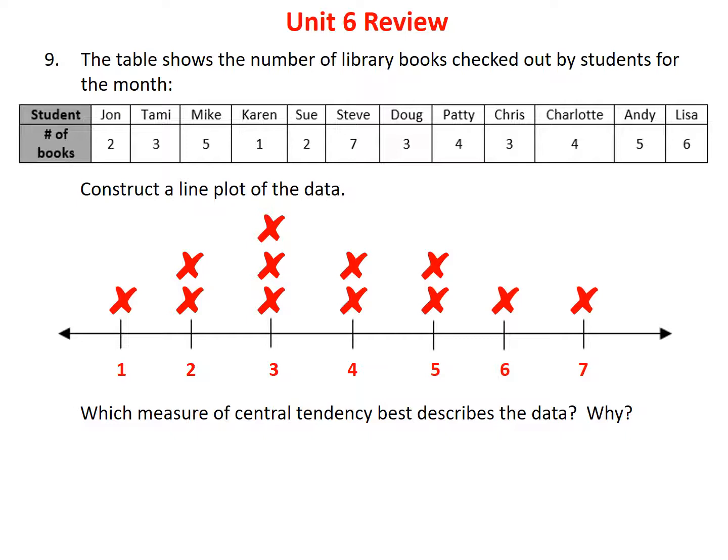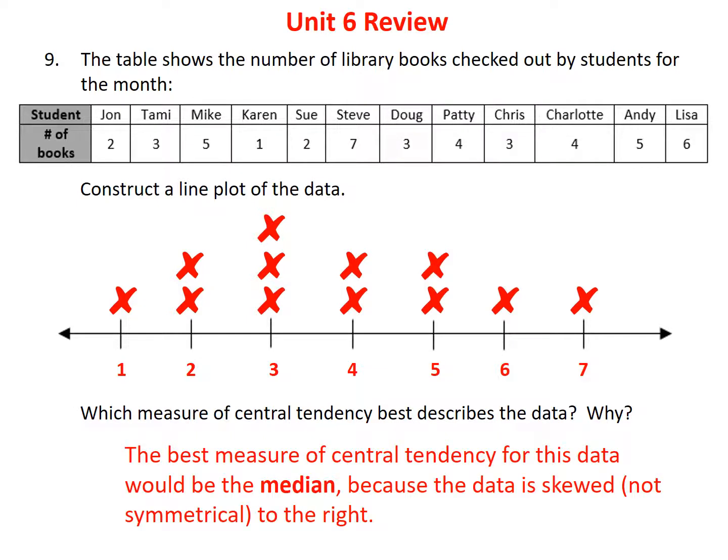It allows you to see quickly how many 3s there were, how many 4s there were, how many 7s there were. The next question is, which measure of central tendency best describes this data? In this case, notice that it's not symmetrical. It's a little bit skewed to the right. You know, symmetrical would be like this. This is kind of like that a little more.